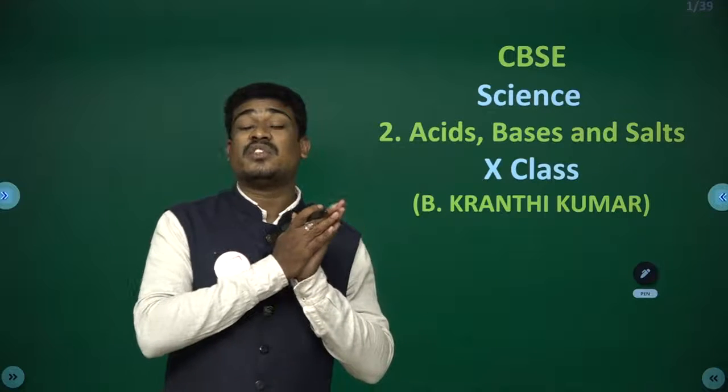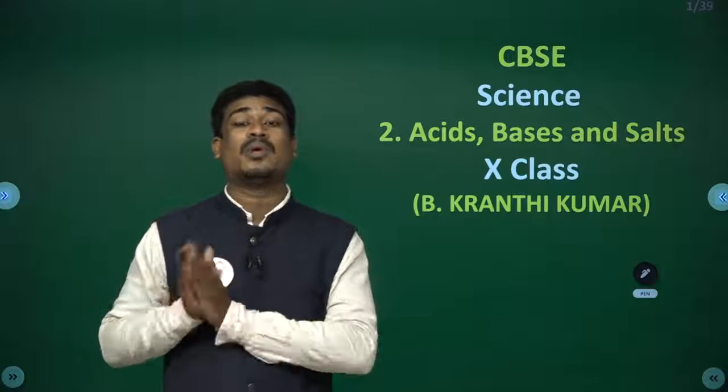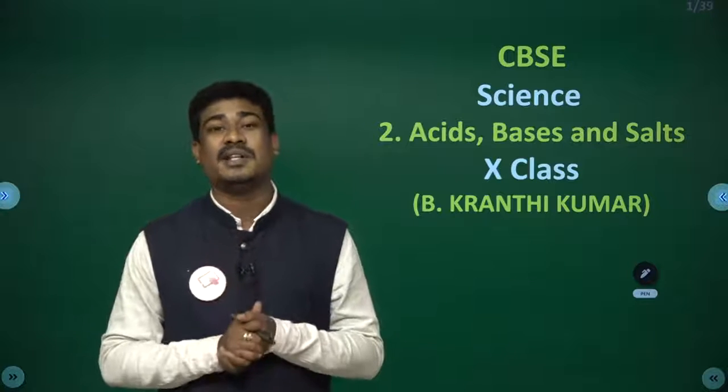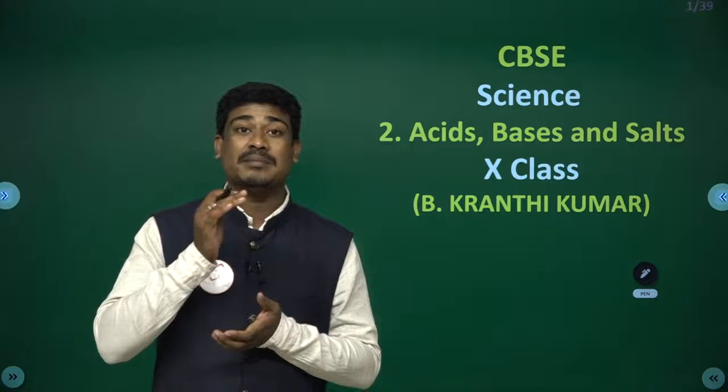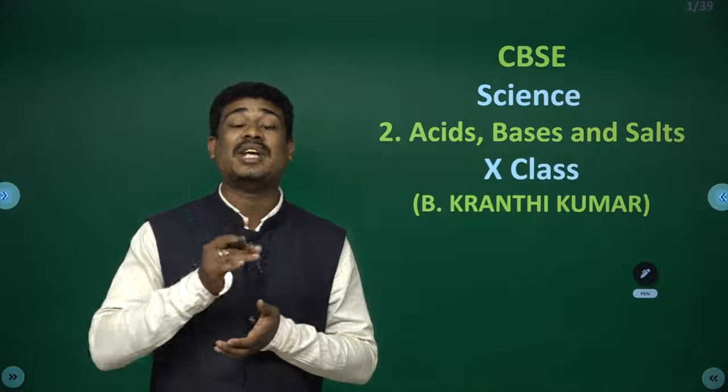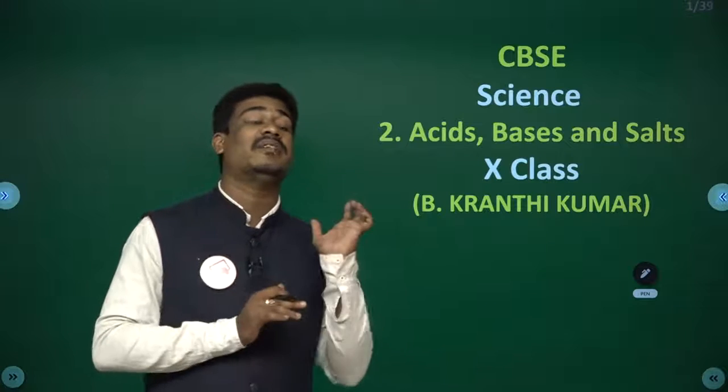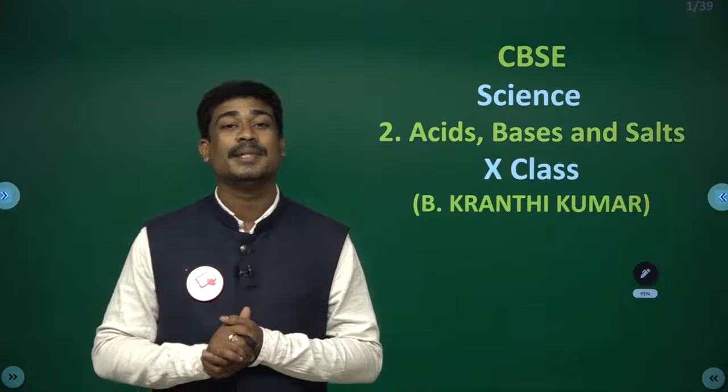The solutions which change red litmus into blue are called bases, isn't it? So by testing with indicators, we can state the definitions of acids and bases.